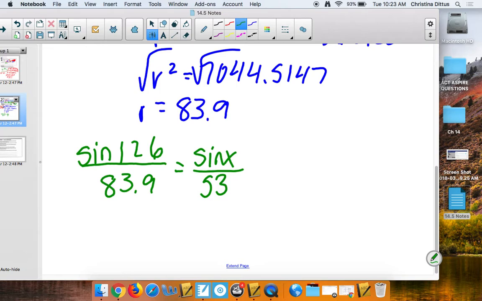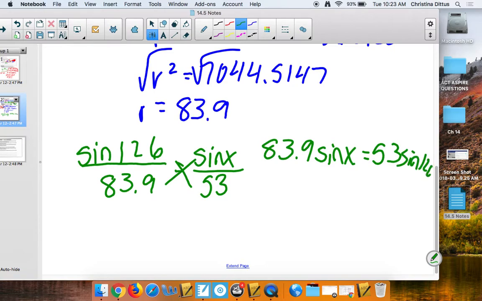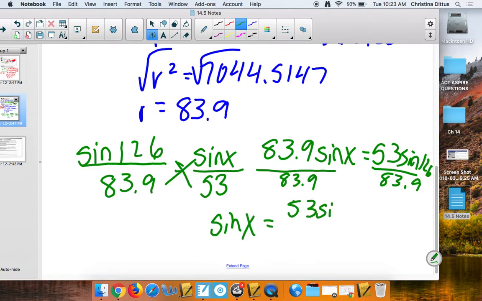How do I solve? Cross multiply. So I got 83.9 sine x equals 53 sine of 126. How do I get sine x by itself? Divide by 83.9. So I have the sine of x equals 53 sine of 126 divided by 83.9.